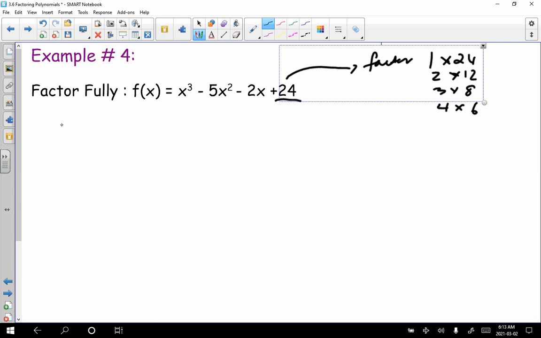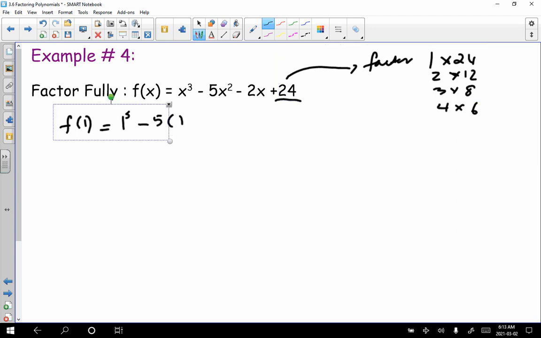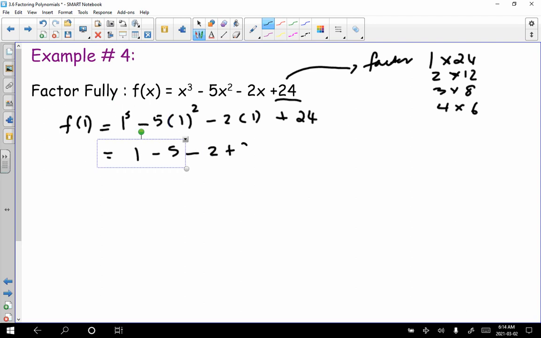Let's say we tried f of 1. That'd be 1 cubed minus 5 times 1 squared minus 2 times 1 plus 24. That works out to 1 minus 5 minus 2 plus 24, and you can see right away that there's no way this is going to give you a 0. 24 plus 1 is 25, minus 5 is 20, minus 2 is 18, which is not equal to 0.